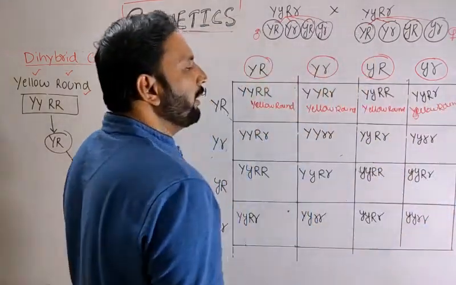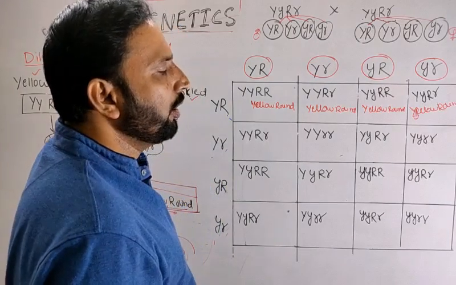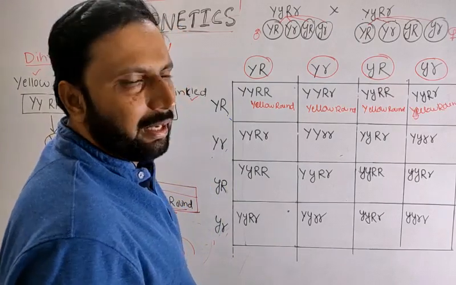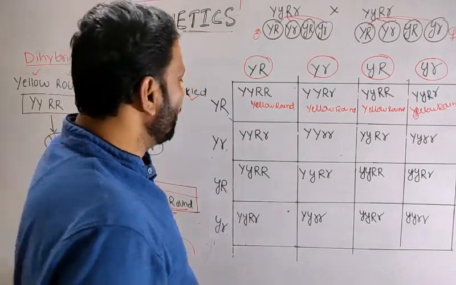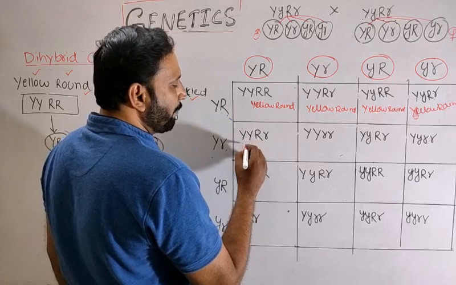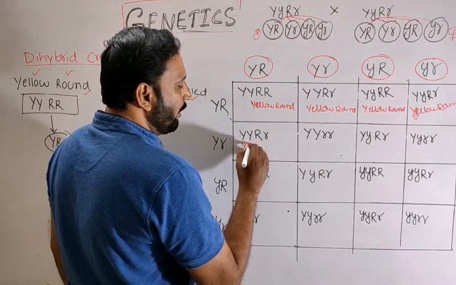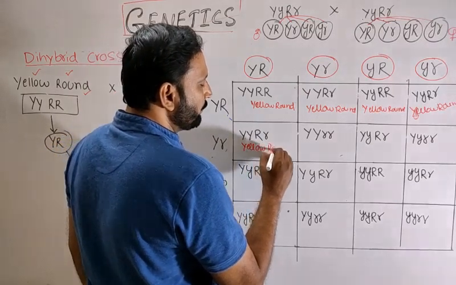Sixteen offspring are forming. In that, how many are yellow round? How many are yellow wrinkled? How many are green round? How many are green wrinkled are forming? Just observe. Capital Y, capital R, small r means yellow round.